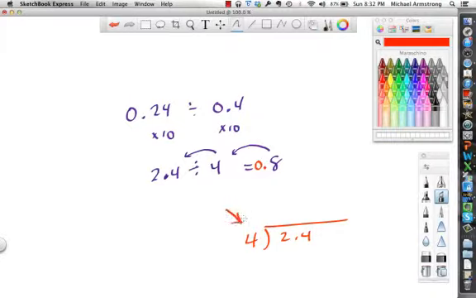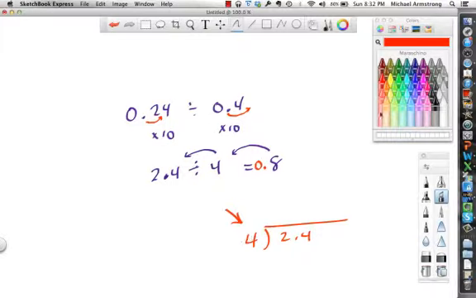And what I want you to understand is that if you're doing long division, it works a lot better if you get rid of the decimal here, but you don't have to get rid of the decimal here. So when we moved this decimal one place and this decimal one place, it got rid of the decimal in the divisor. It's okay if the decimal is still in the dividend, but we got rid of the decimal in the divisor.